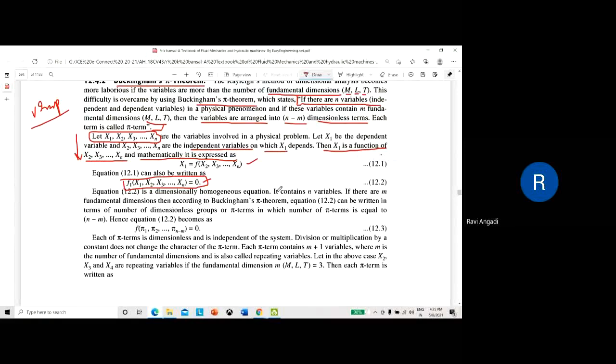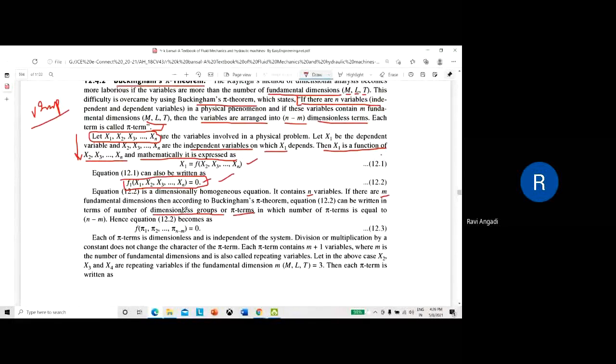See, the dimensionally homogeneous equation contains n number of variables. Among the n variables, m fundamental dimensions are there. Then according to the Buckingham pi method, this equation can be written in terms of a number of dimensionless groups, and these dimensionless groups are called pi terms.